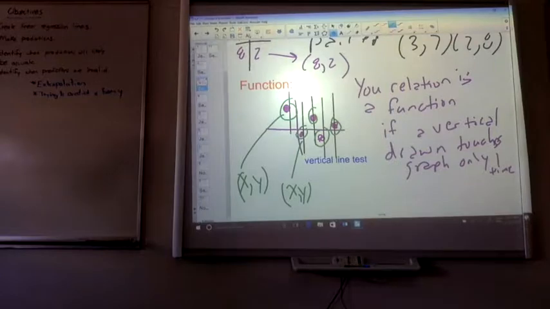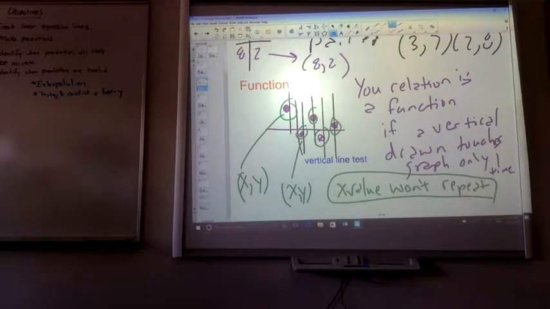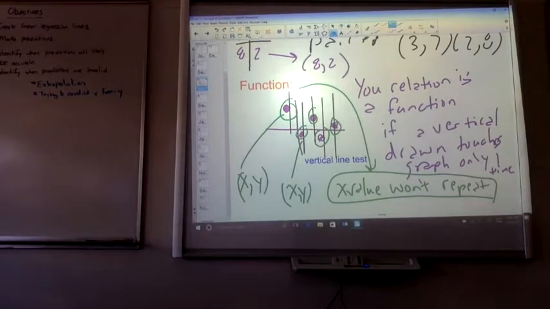Yeah. So, in order for you to have a function, the x value won't repeat. And if the x value doesn't repeat, that means the vertical line test passes.